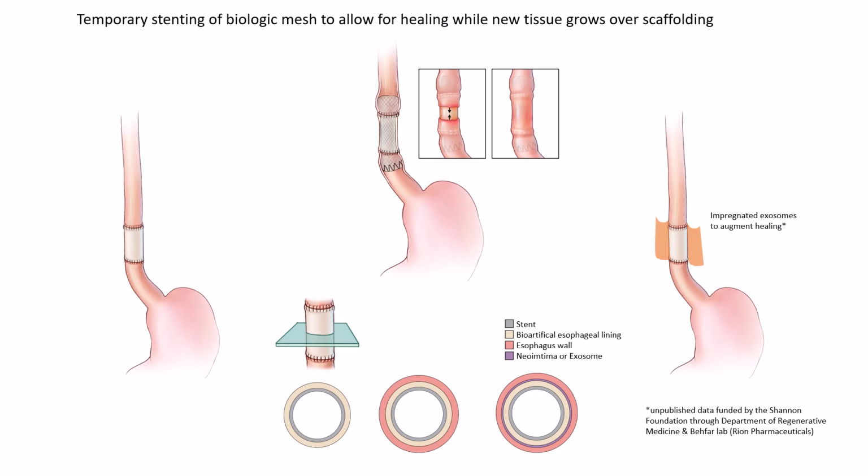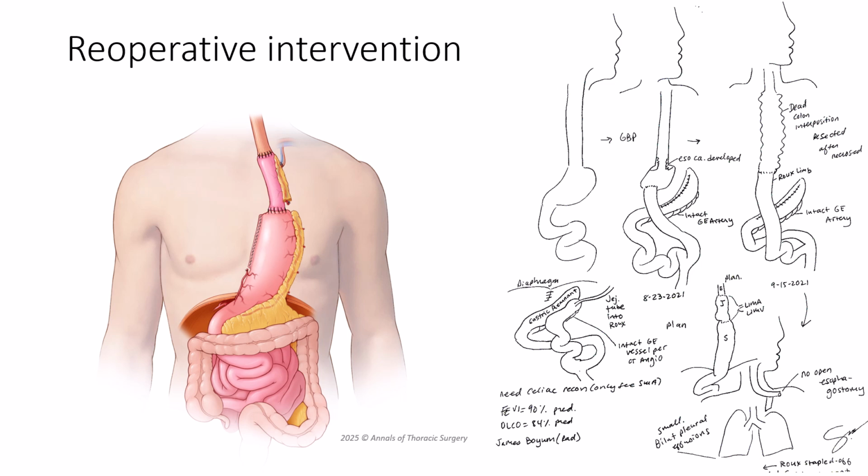And then in the image to the far right, the impregnated exosomes to augment healing that were part of a porcine pig lab for unpublished data that was funded by the Shannon Foundation, looking at Rion Pharmaceuticals that developed out of the regenerative medicine program at Mayo Clinic and the Bafar lab for the product that is now called Plated, used topically for cosmetic purposes, and is an exosome that has the properties to enhance healing, made by Rion Pharmaceuticals.